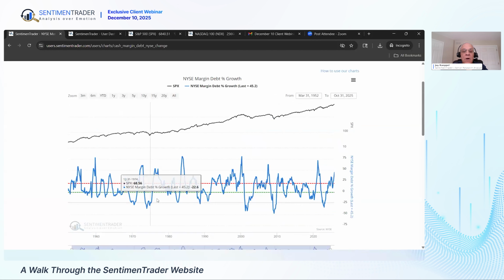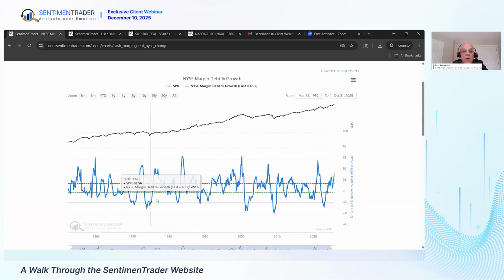In fact, let me click on bear market overlay so we can see where the bear markets come in, right? So we'll go back to the 60s and 70s. We see this number got above 50%. Shortly thereafter, we had a bear market. Got above 50% back in 1972. We got a bear market.